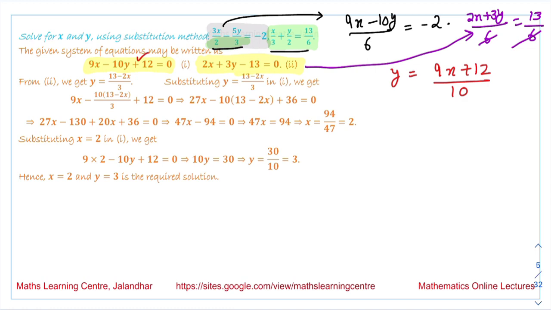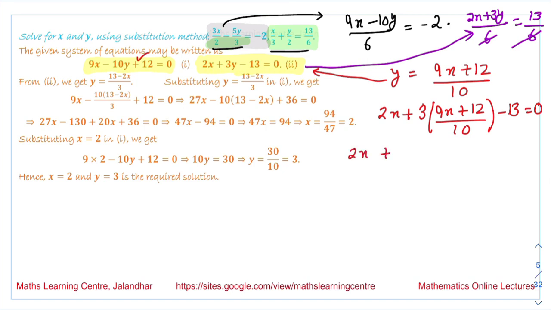Now if we substitute this value in the second equation, we get 2x plus 3 times 9x plus 12 over 10 minus 13 equal to 0. So this gives us 2x plus 27x plus 36 over 10 minus 13 equal to 0.